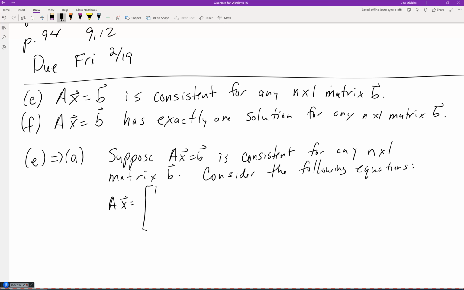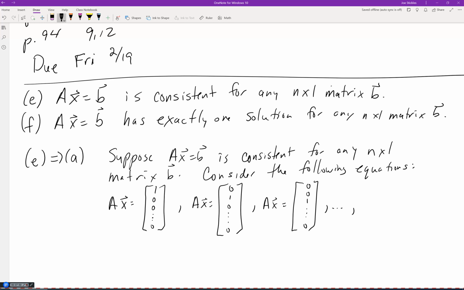Let's do AX equals the column vector that has a 1 for the first entry and zeros below. Let's do the exact same thing except shift that 1 down an entry. Do the exact same thing but switch it to the third spot, and so on down the line, until we get to putting that 1 in the very last spot.